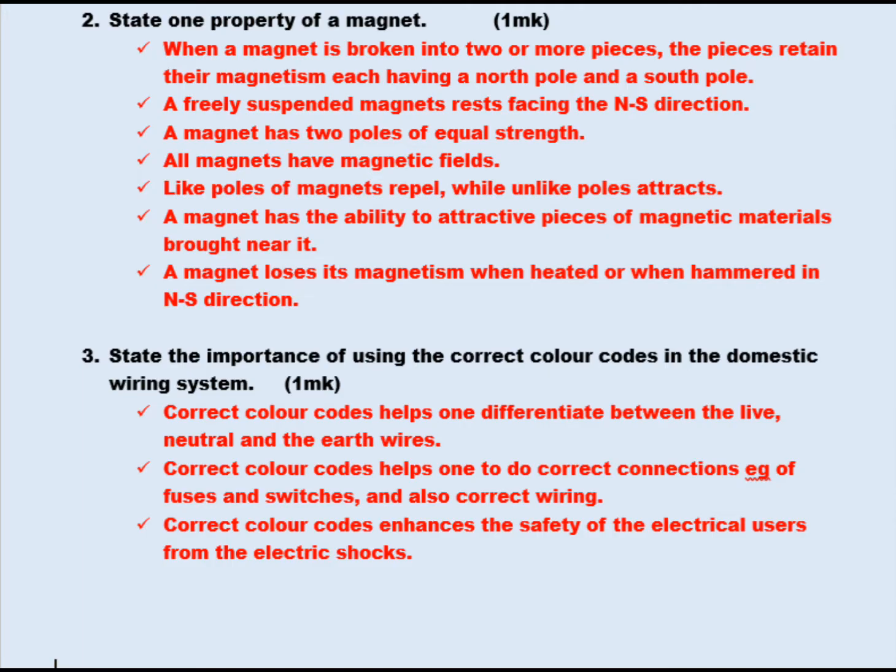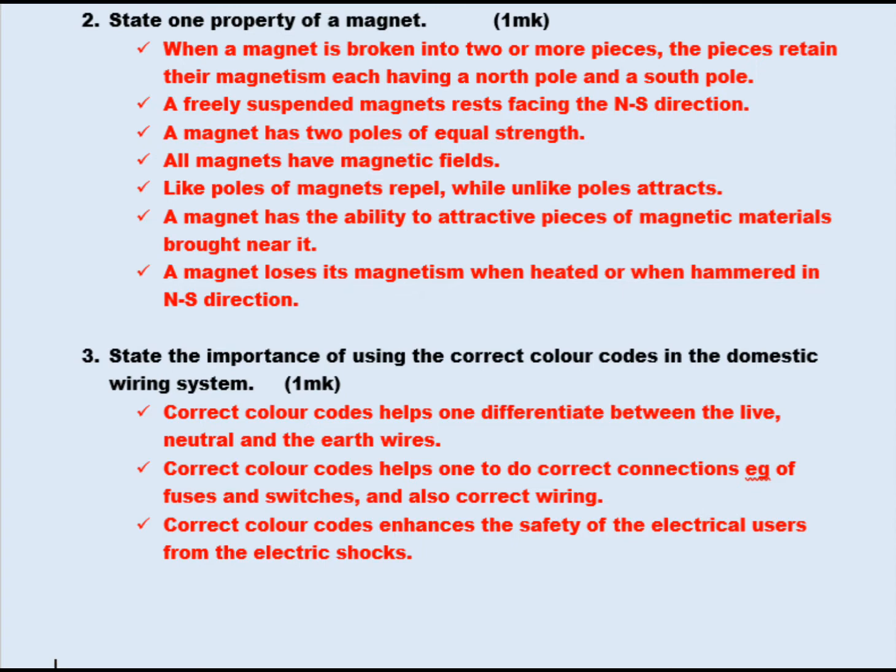State the importance of using the correct color codes in the domestic wiring system. So number 1, correct color codes help differentiate between the live, neutral, and earth wires.